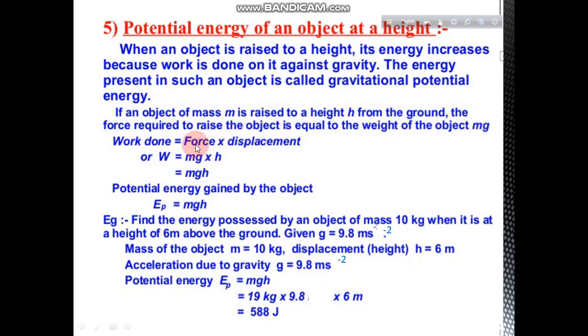So W equal to mg h, and we can write this work done equal to the potential energy gained by the object, that is EP equal to mg h, because the gravitational potential energy is equal to the work done against gravity. This is the expression for the potential energy of an object at a height.